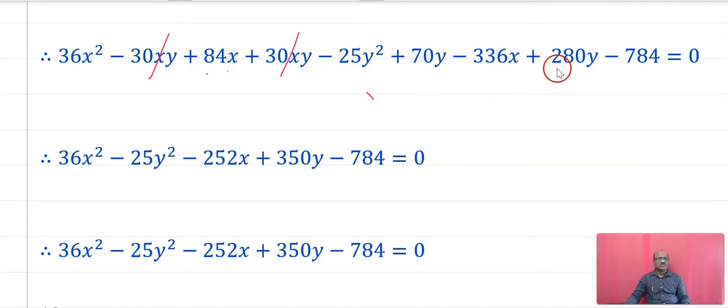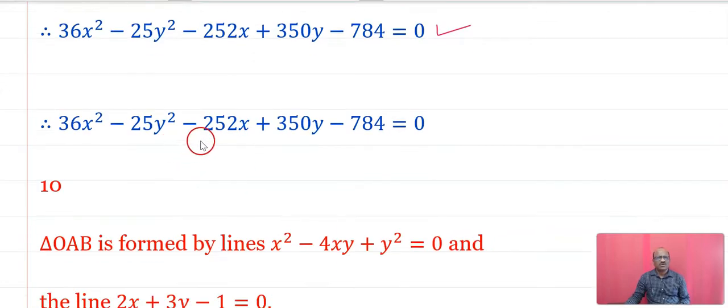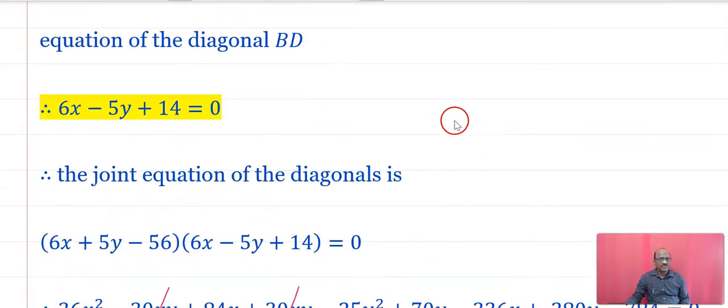Next is the terms of the y, 280y and 70y. Then you will get 350y, and last is minus 784, that equals 0. This way you can simplify it, that is normal. And overall this is the joint equation of that diagonals.